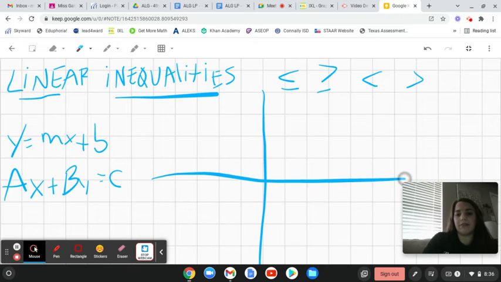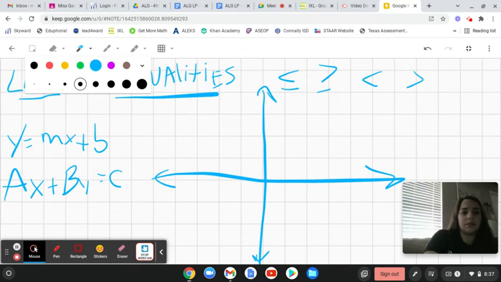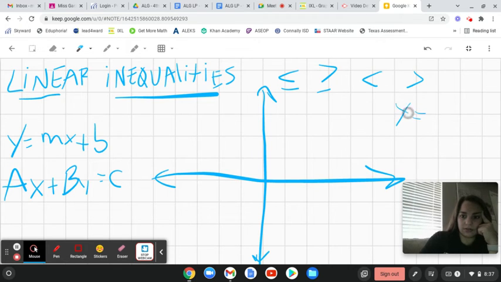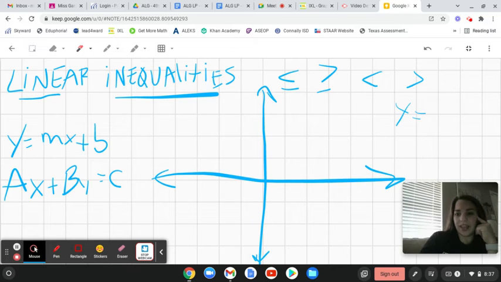If we had a graph like this, I'm just going to pretend that I draw my x and y axis, and I'm going to change my pen color. And let's say we have y equals 1x plus 2.